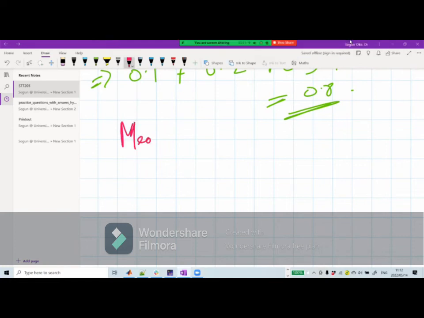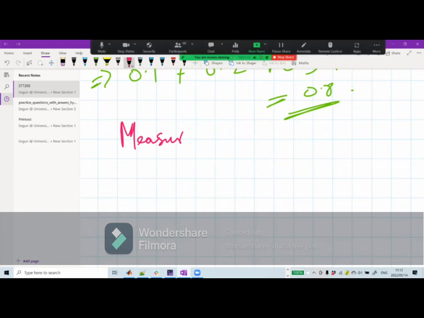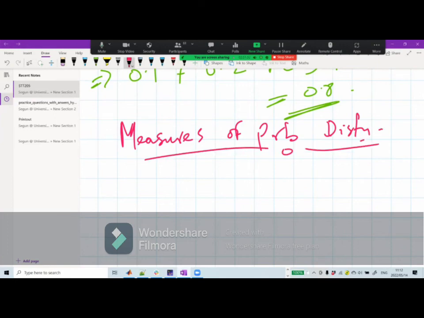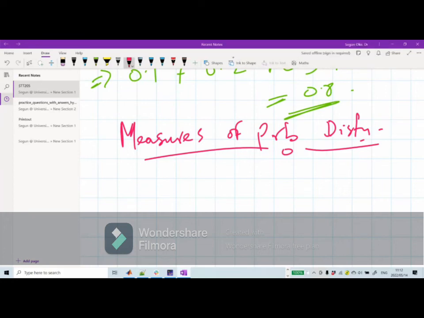We have measures of probability distribution. Here we have the mean, the expected value. They call it the mean of the probability.